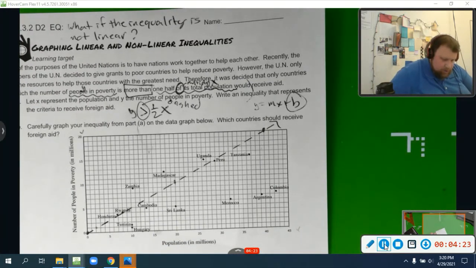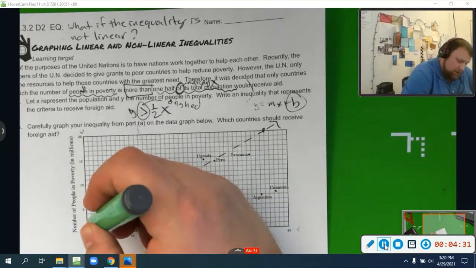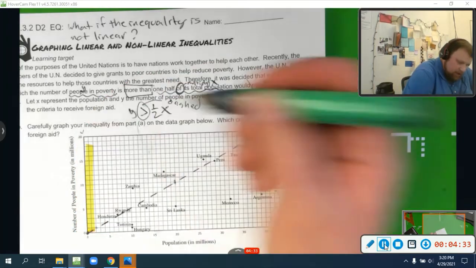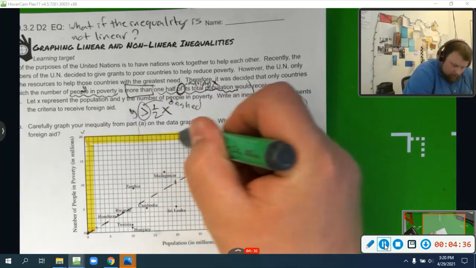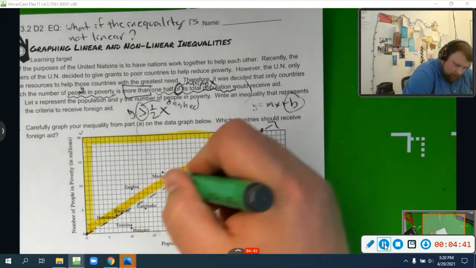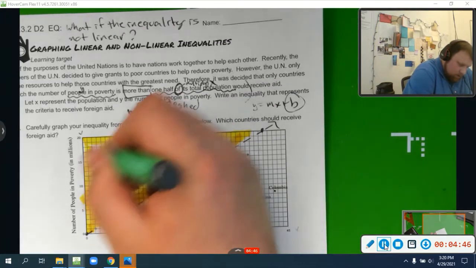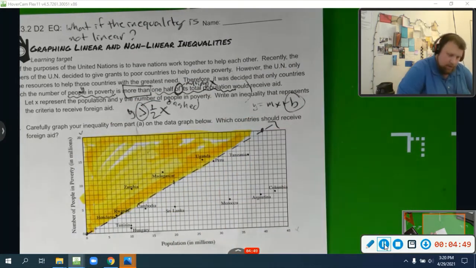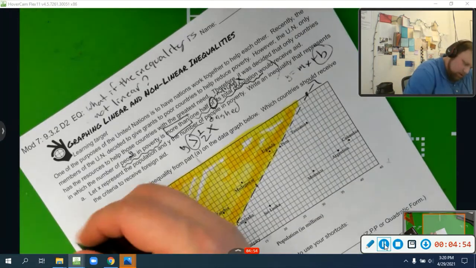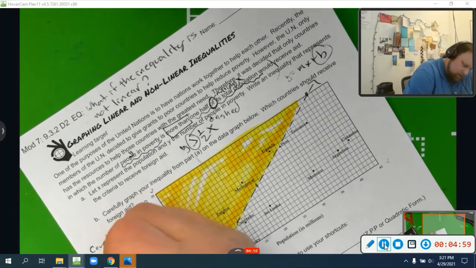What does it say? Which countries should receive foreign aid? Funny thing about this, remember, it's a dashed line, which means if any country is on the line, it doesn't count. We want everything greater than. So if it's greater than, then that means that their poverty is too big. So which countries get to receive aid?